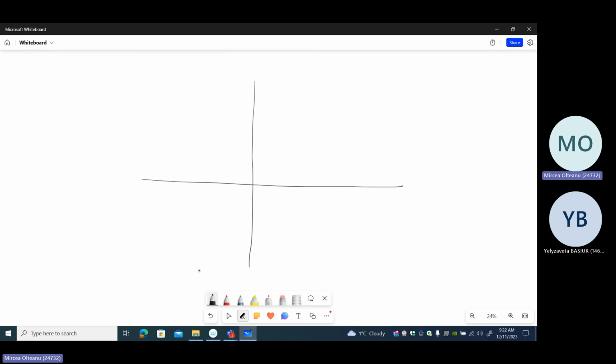So horizontal straight lines have the slope 0. Then as the angle here is increasing, the slope is increasing. Here already we have the slope 1, and here we have infinite. Now going to the left, that means taking straight lines which are decreasing.